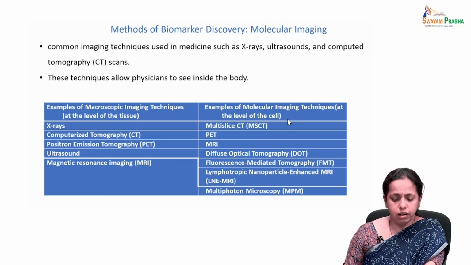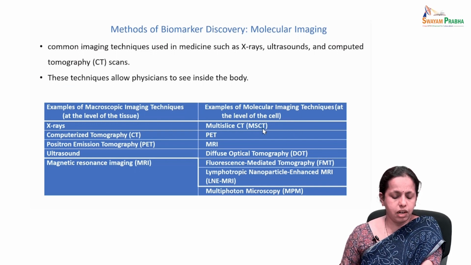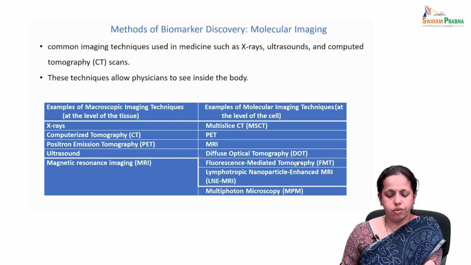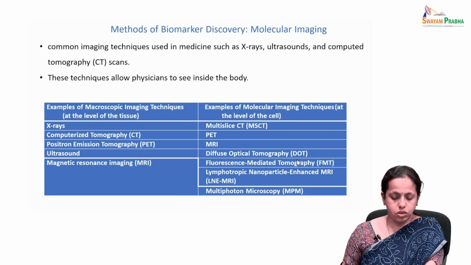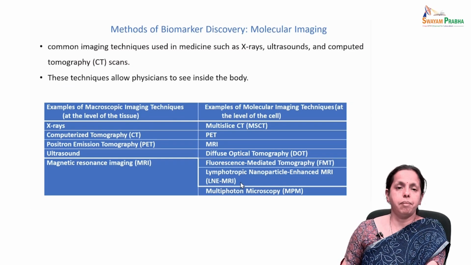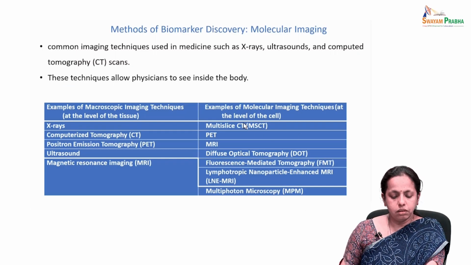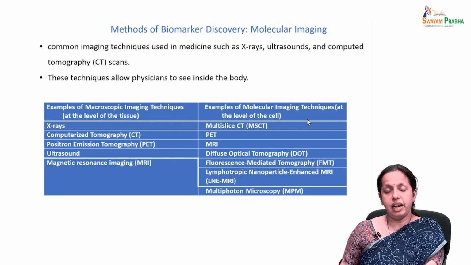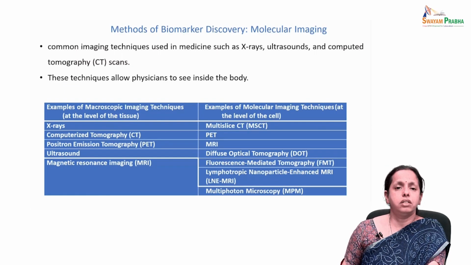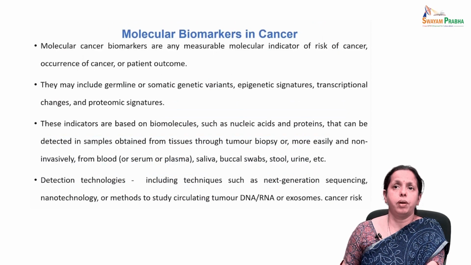Then the molecular imaging techniques include your multi-slice CT, the PET, again your MRA, the DOT, that is your diffuse optical tomography, then fluorescence mediated tomography, MRIs, and your multiphoton microscopy, where at the level of the cell and in much greater detail, the tumor cells can be explored.